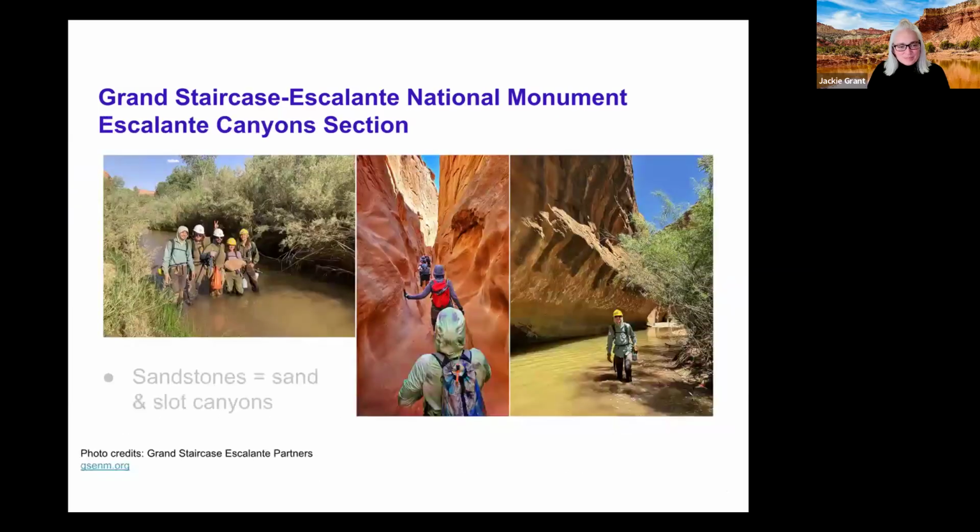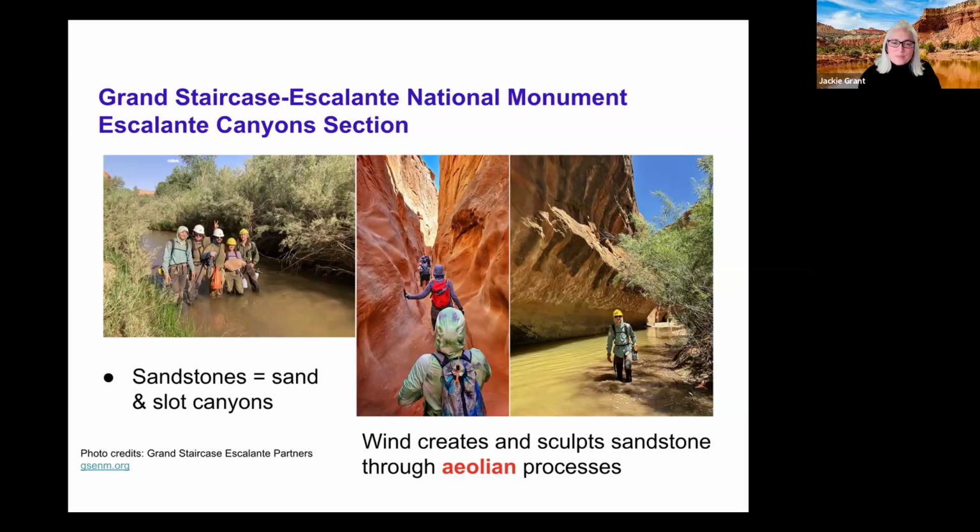Next slide, please. And then finally, you might not have thought this, but the eastern side of the Grand Staircase Escalante National Monument, which is the Escalante Canyon section, is actually quite full of water. The Escalante River runs through here, and several other rivers that are intermittent, which means that they only flow at certain times of the year, come through this area. And between wind and water in the sandstone substrate, we get these beautiful slot canyons and very artistic and sinuous curves in the stone.